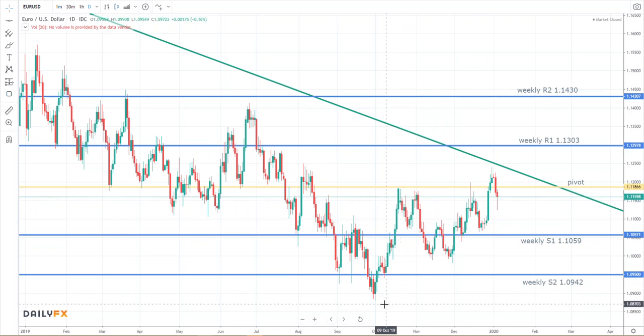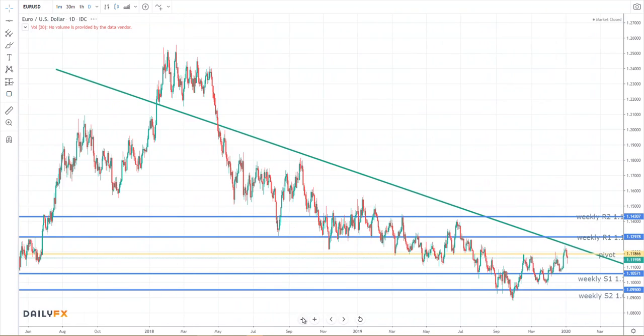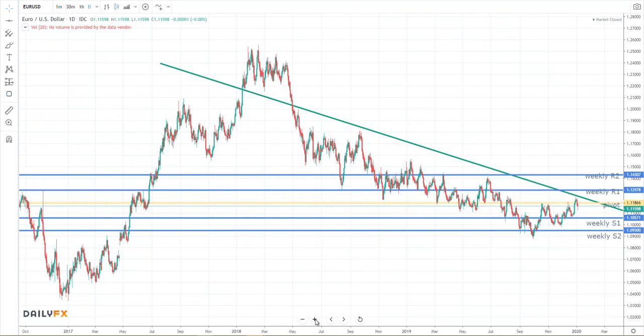Now, there is a little bit of a short-term uptrend going here, right? If we look at lows from October, December, it's still trending up. However, in the big picture of things, that's not as significant as a trend line that's been descending for a couple of years, right? So that's our big picture. And we see this pivot where price even goes all the way back to 2017.